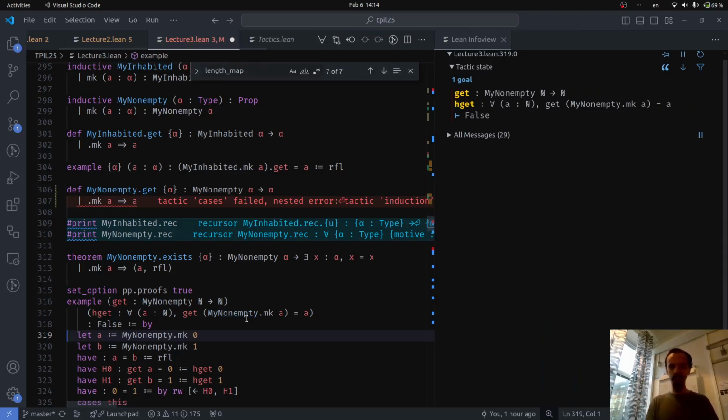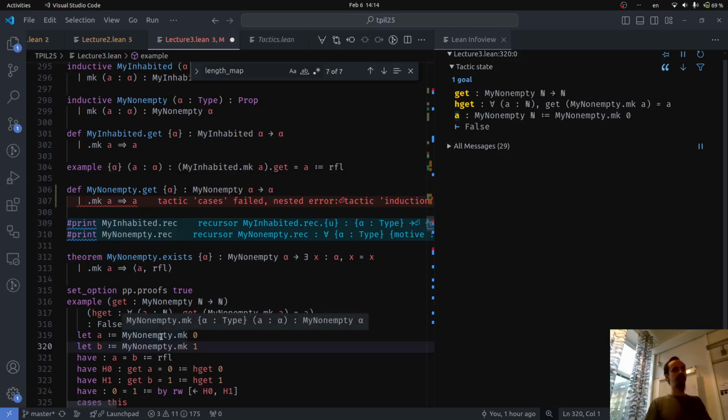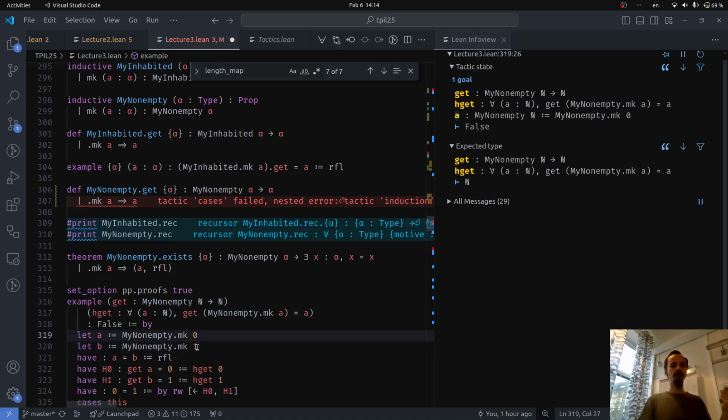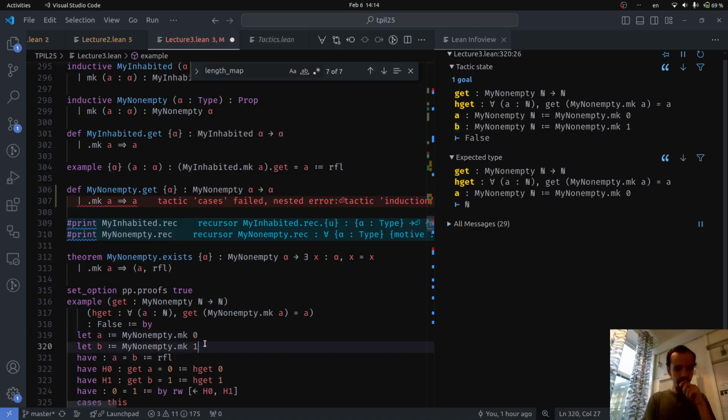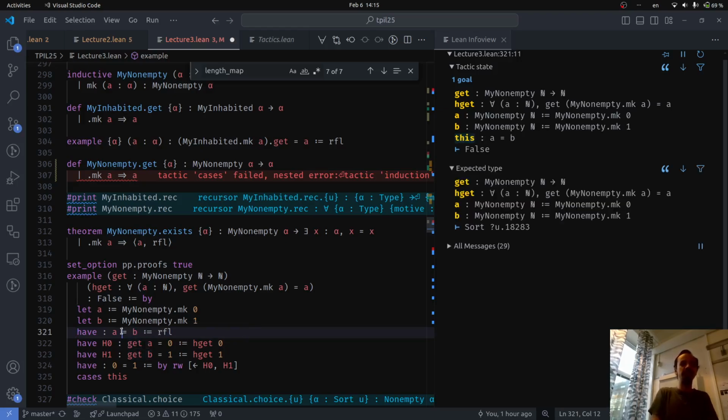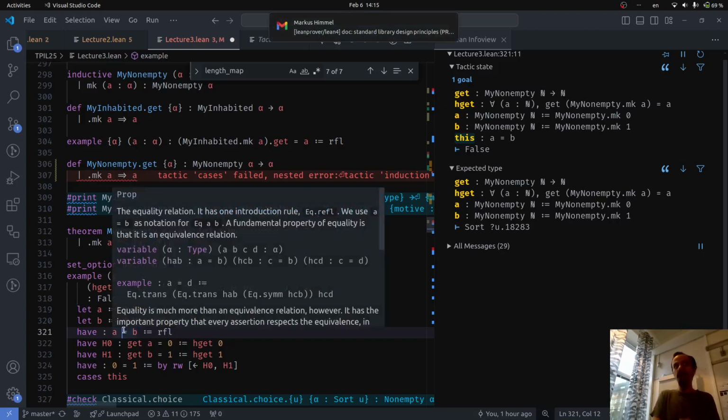What's the idea? Well, we can construct A and B, which are MyNonEmpty constructed in two different ways. In one of them we use 0, and in the other one we use 1. The key property is that A and B, despite the fact that they were constructed differently and look quite different, are definitionally equal according to Lean. Why?